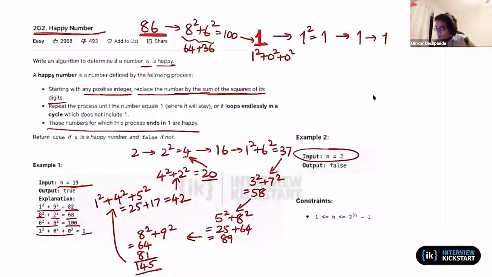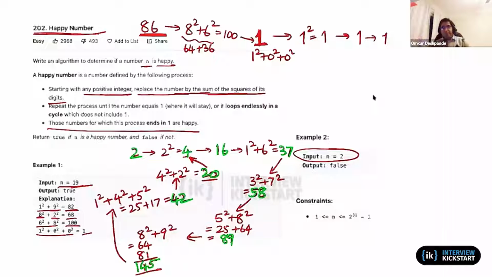And then once you reach 4, you basically follow the same sequence again. So if you notice the numbers we have here, we start from 2, then we reach 4, then 16, 37, 58, 89, 145, then 42, 20, then we come back to 4. Once you're back to 4, this just keeps continuing forever.